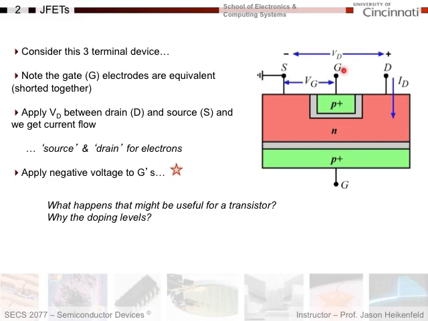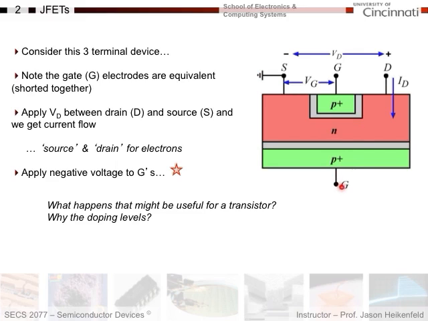And I apply a negative voltage to my gates. Well, what will happen? Well, what you would expect to happen is this is a PN junction, right? And so if this is a PN junction, that will reverse bias the PN junction. When you reverse bias these PN junctions with negative voltage here, with respect to here and here, the depletion region grows, and as the depletion region grows, this conductive channel could disappear.